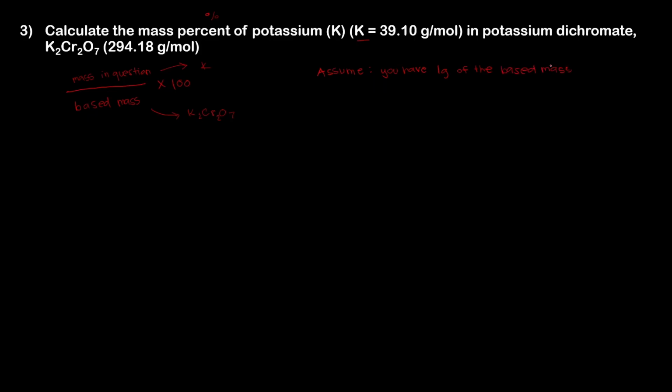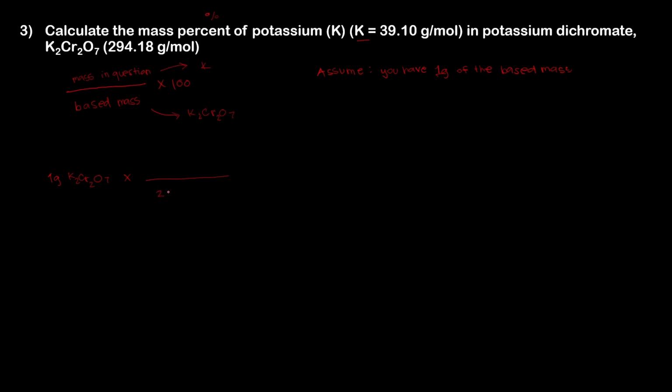So let's assume that we have 1 gram of K2Cr2O7. This is our assumption. For this, we can use the molar mass to get the mole, right?